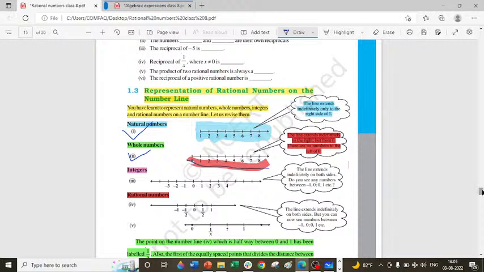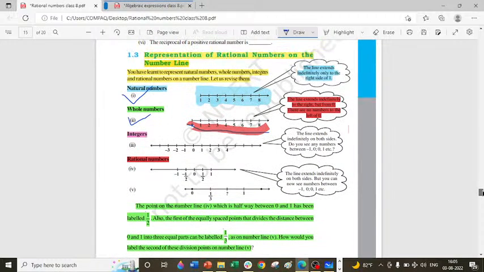As you already know, you have learned about integers. They include positive integers and negative integers. Here you can see in the middle there is 0. On this part we have all the positive integers, and here we have all the negative integers.